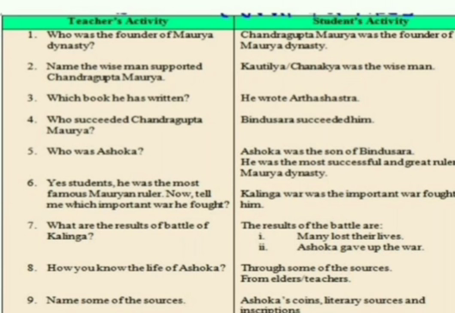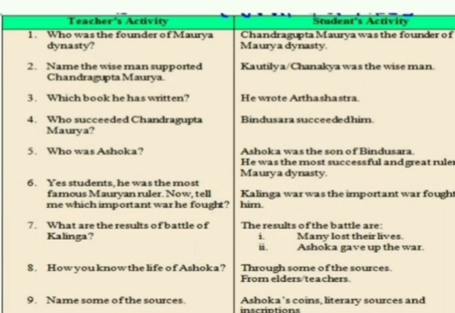Name some sources, like Ashoka's coins, literary sources, and inscriptions. Well, students, very good. As you have come up with this topic, we shall study more about the importance of Ashoka's inscriptions.